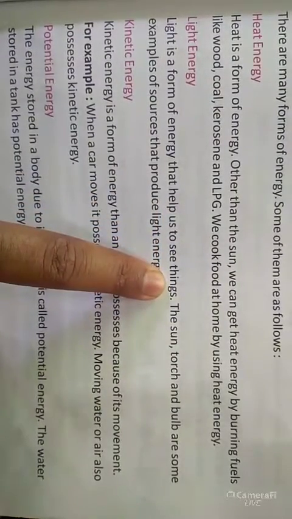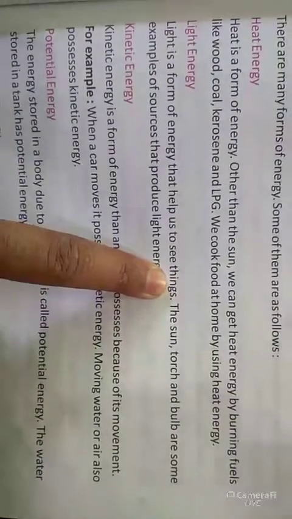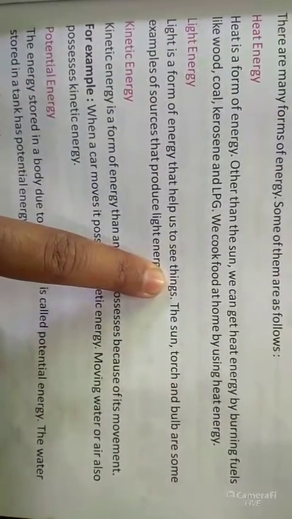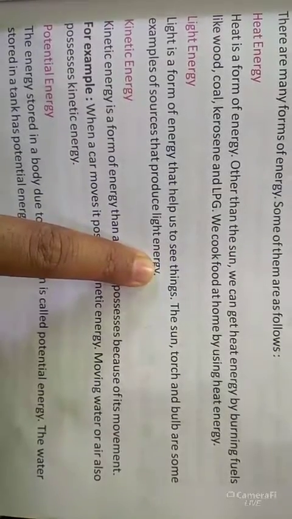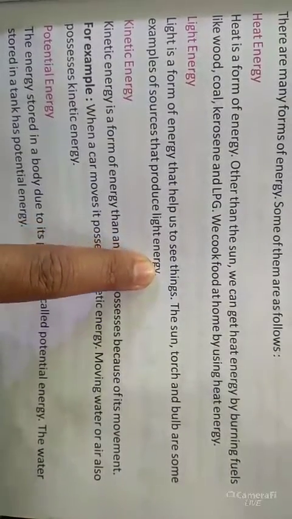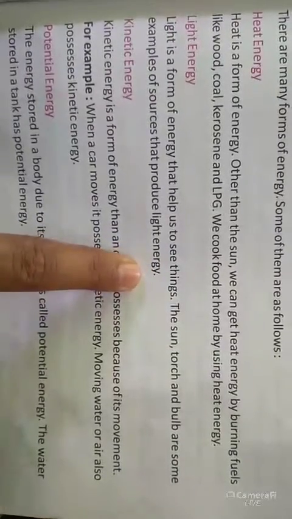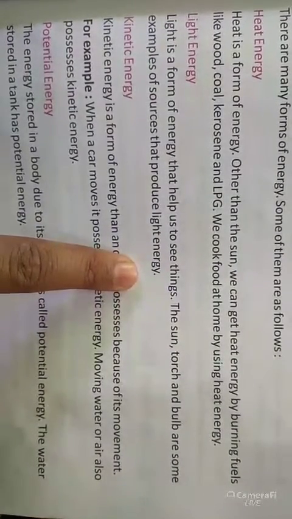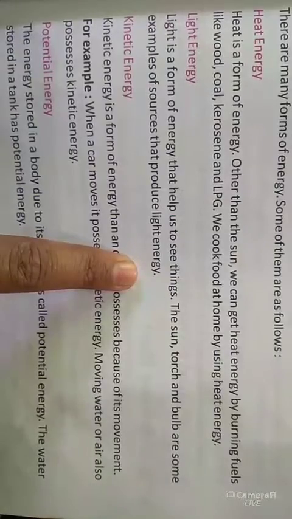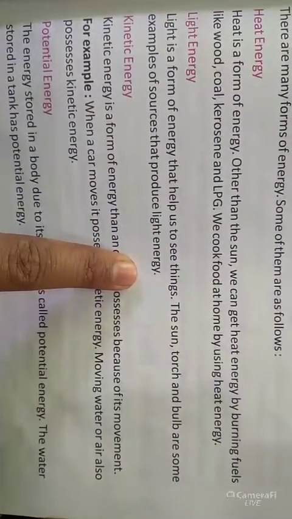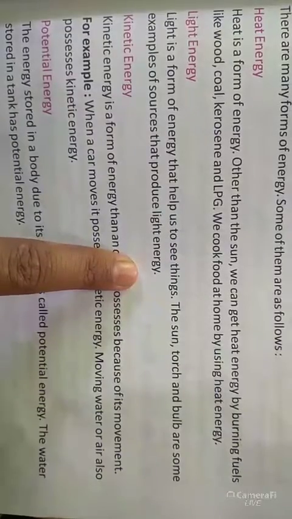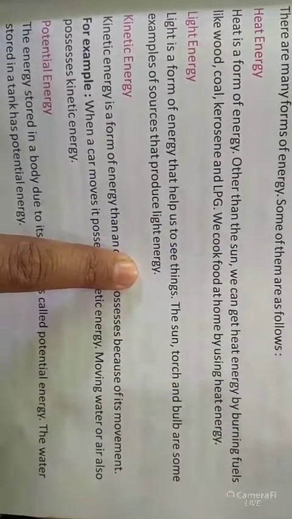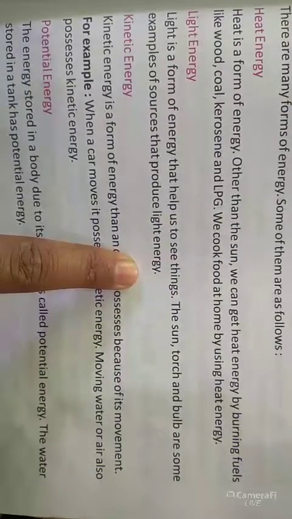In the daytime we get light from the sun, but at night we do not get the sun, so we do not get light. How do we see things with the help of light? At that time we switch on bulbs and torches.